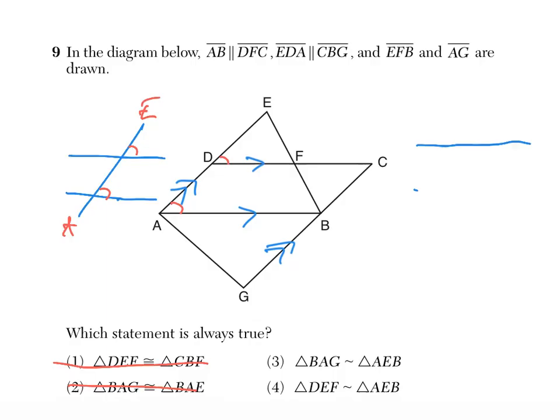Likewise, on the opposite side, we've got that same set of parallel lines with a transversal cutting across, this time from E to B. We can indicate that this angle and this angle are corresponding and also congruent. So what we can do is use this information to establish that triangle DEF is similar to AEB. The correct answer is option 4.